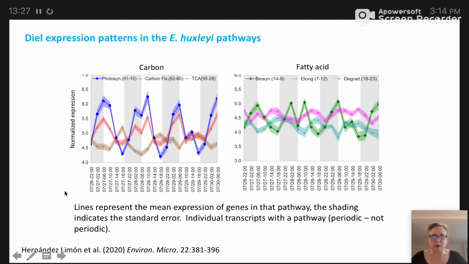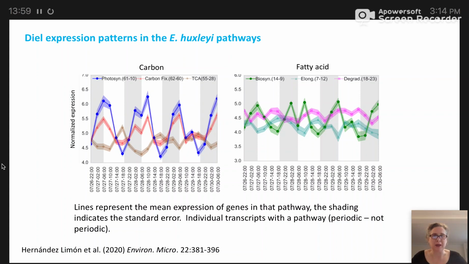So here you're looking at normalized expression over time with day and night signals, and the line is the average signal of all transcripts in the pathway. The envelope or shading around that line is the standard error, and the numbers in parentheses just indicate the total number of transcripts in that pathway that were either significant or not significant.